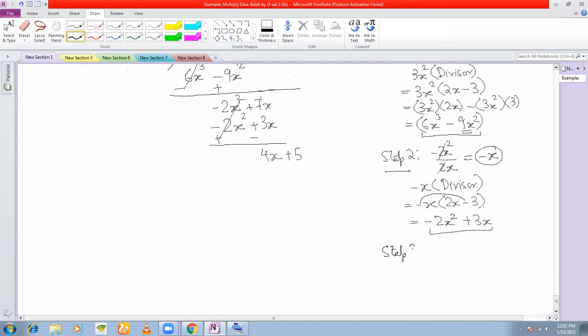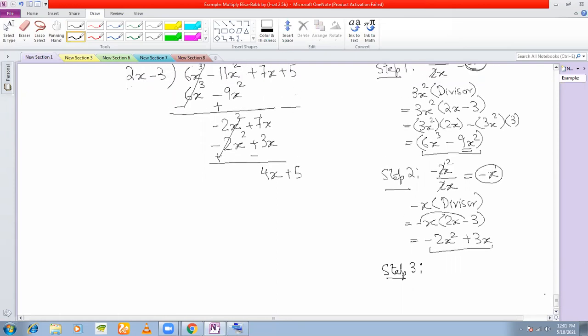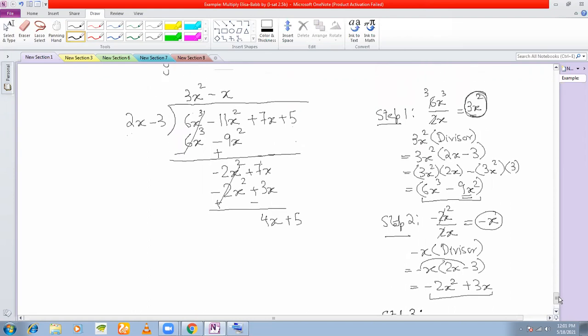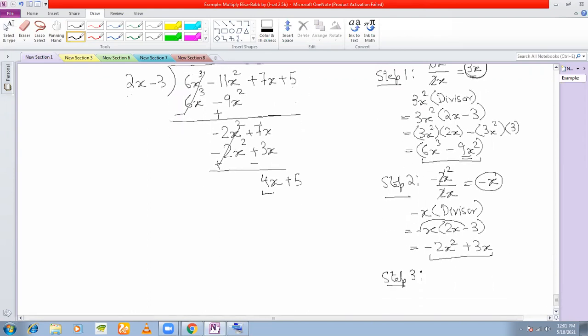You don't need to write these steps for the beginning. You can practice writing these steps, but later on you should not require. Once you are used to it and once you have enough practice, you can do without writing these steps. The next step here is, if you check the leading term here, you have a 4x. You write 4x. And you check the leading term of the divisor, you have a 2x here. So you divide these. So how much do you get?